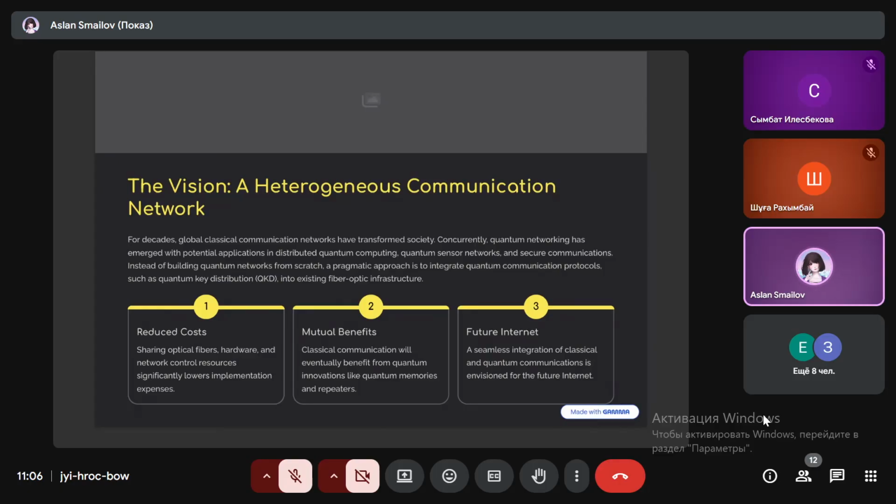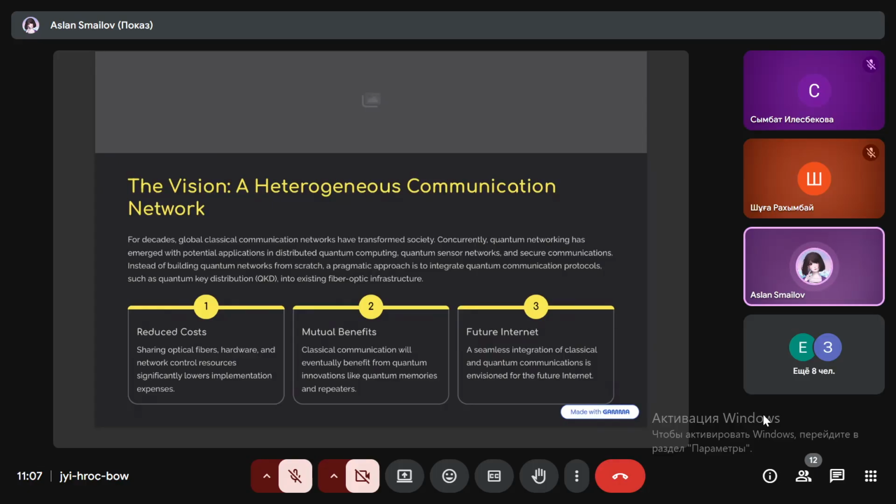So for that, we need to use the benefit from both of the communications. For decades, global classical communications networks have transformed society. Concurrently, quantum networking has emerged with potential applications in distributed quantum computing, quantum sensor networks, and secure communications.